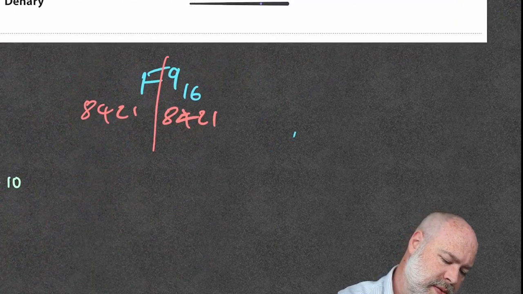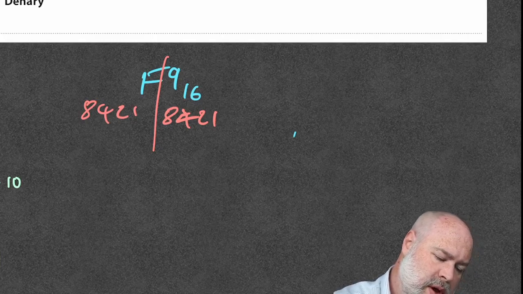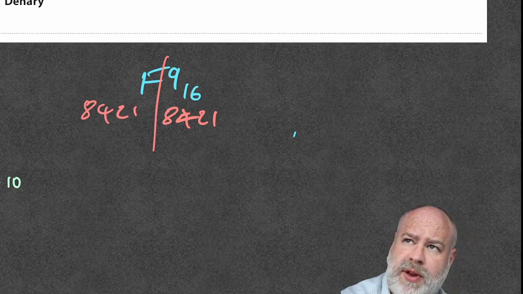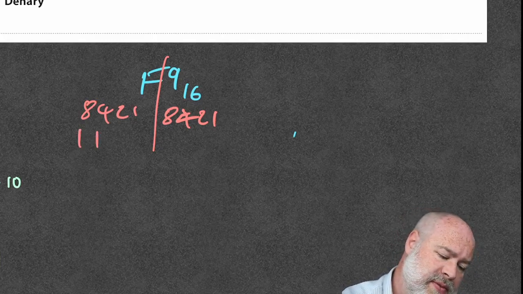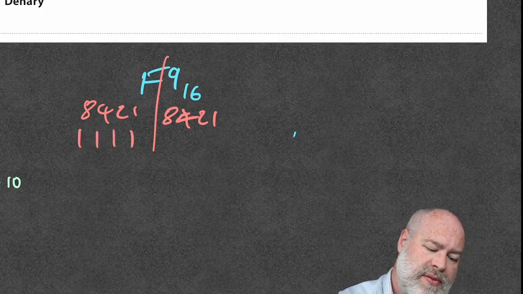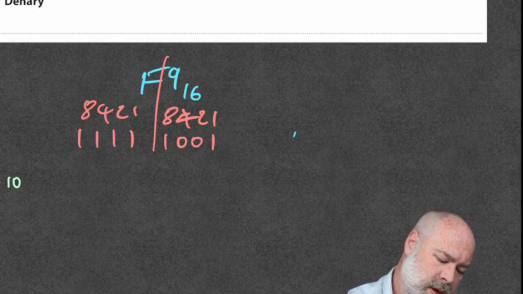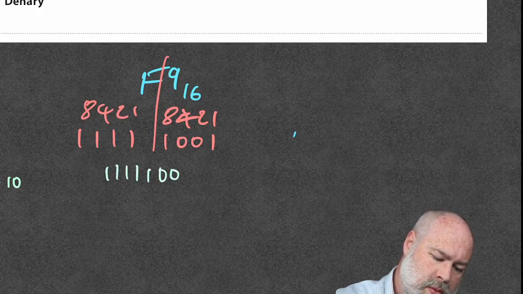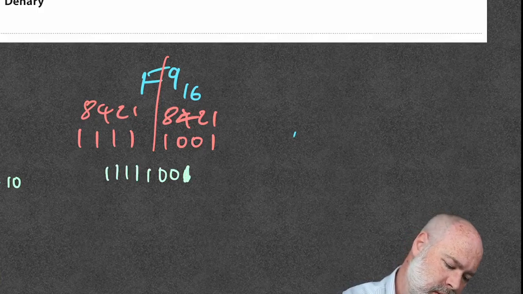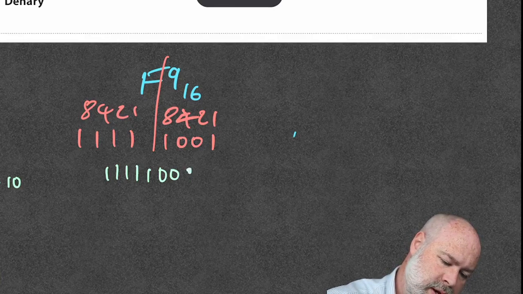Here we go, F9. Well, F is the biggest number we can have in hexadecimal, so that's got to be 15. 8, 4, 2 and 1 is 15. 9 is 8 plus 1. So again, combine them all together. Sorry, that was a little bit crude. Let me draw that nicely.